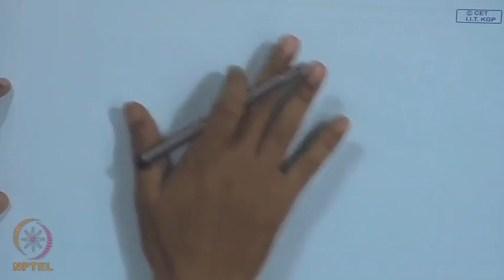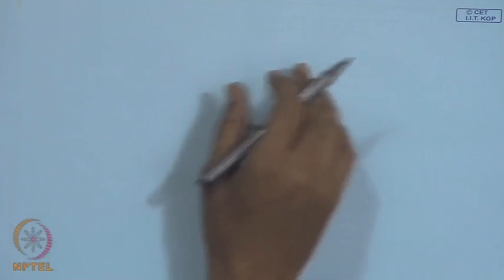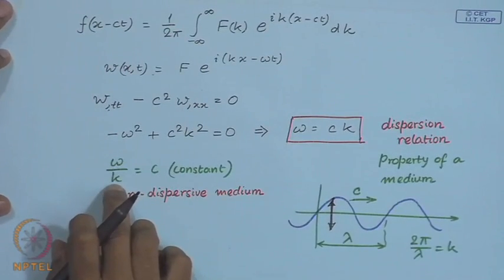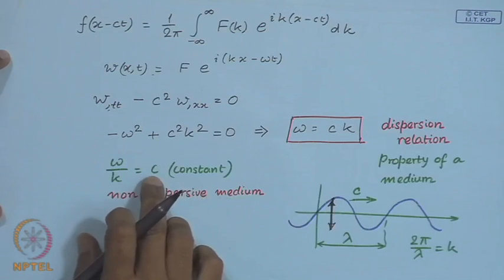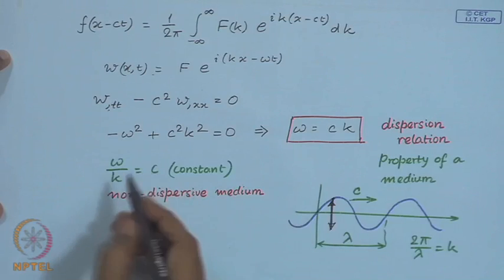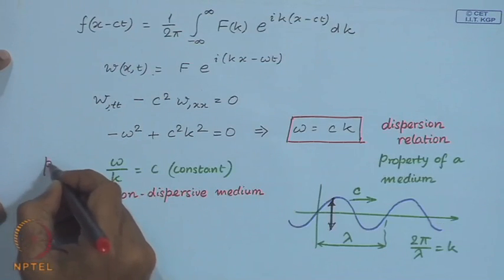Now, this speed c, which is the ratio of the frequency of the harmonic wave and the wave number, is the wave speed. As we have seen, we qualify it a little further, we call it the phase speed.